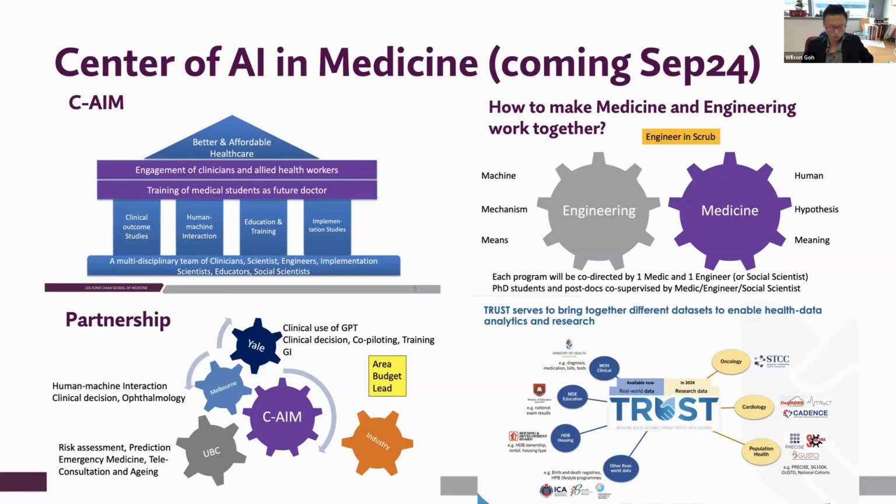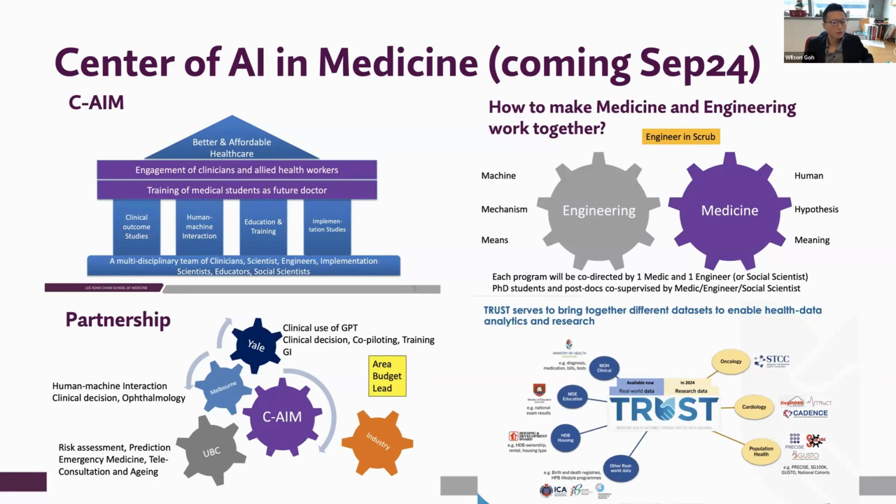And when we talk about working together, we don't just talk about it. We also want to make our program sustainable and to build these engagements into our various research trusts and initiatives. So every program will be co-directed by one clinician and one developer or social scientist.